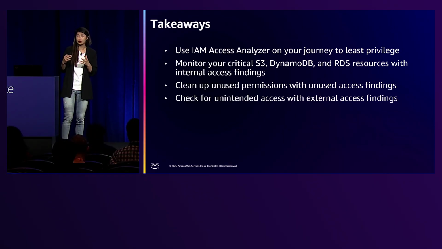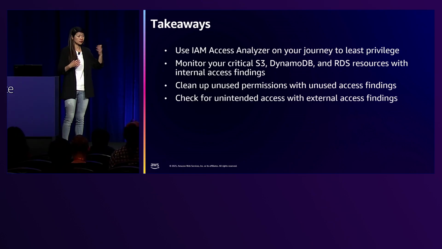So if you have those, turn on internal access to get that picture of who within your organization has access. We also did a quick demo of unused access. We use unused access to trim down the permissions that your principals are not using. So if there are long-lived credentials that are not being used, definitely get rid of them.